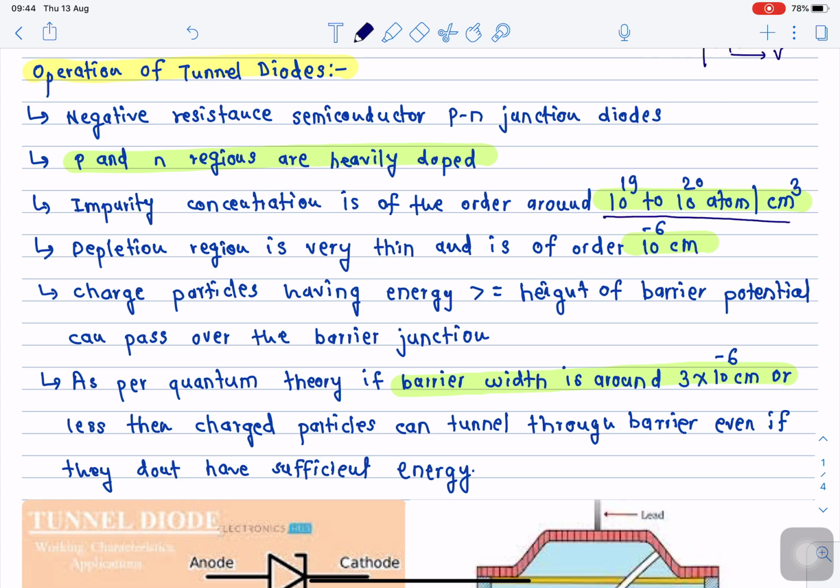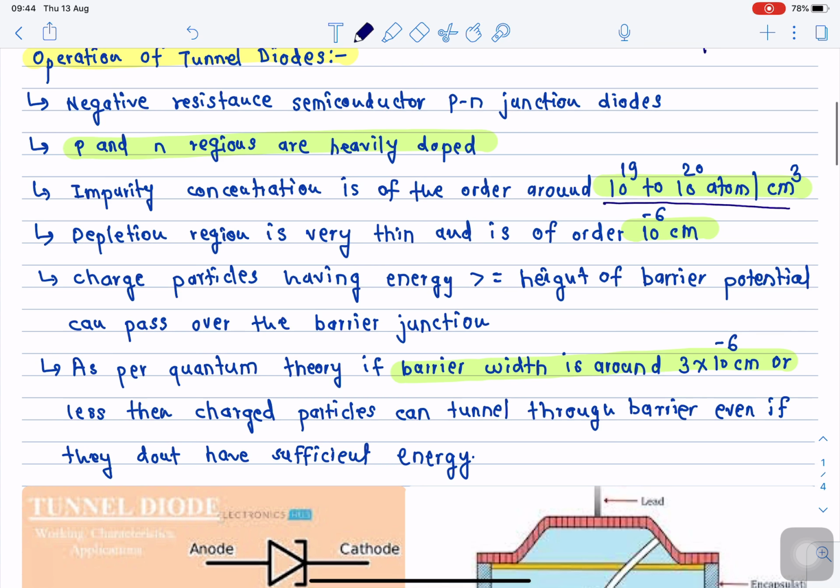Because of the very high impurity doping, the junction barrier width that forms when we join the p-type semiconductor with n-type, the depletion region, becomes very thin, on the order of a nanometer, 10 raised to minus 6 centimeter, or approximately 10 raised to minus 8 to 10 raised to minus 9 meters.